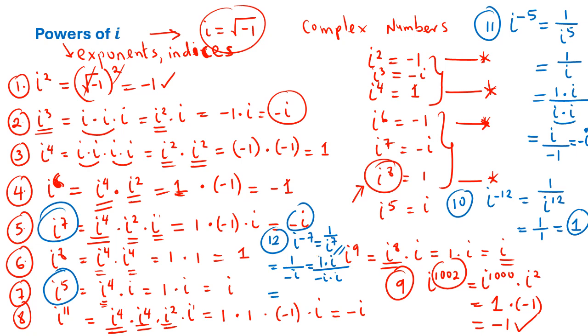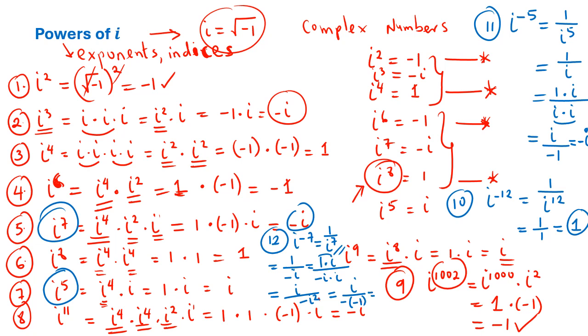So now 1 times i is just i, divided by -i times i, which will be -i to the squared. And we know that i to the squared is -1, so we have i divided by the negative of -1.